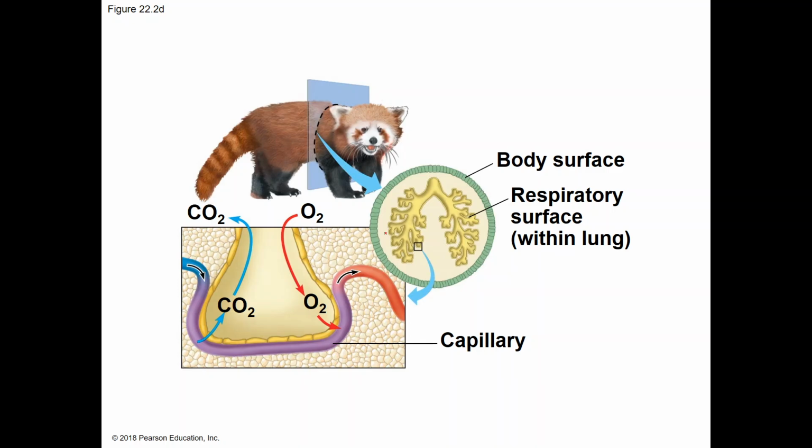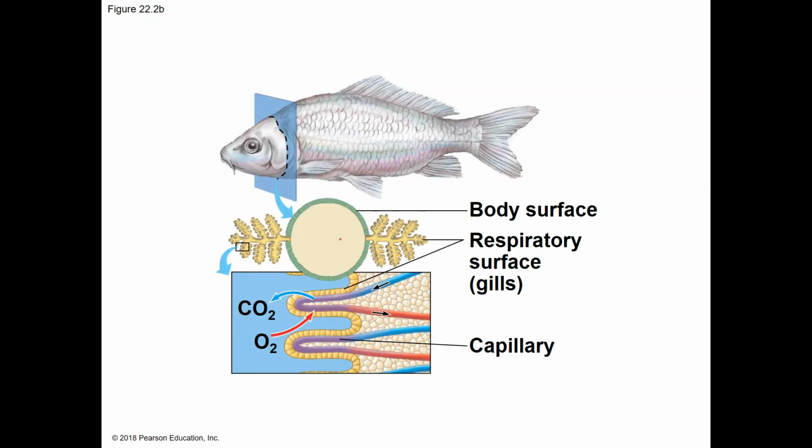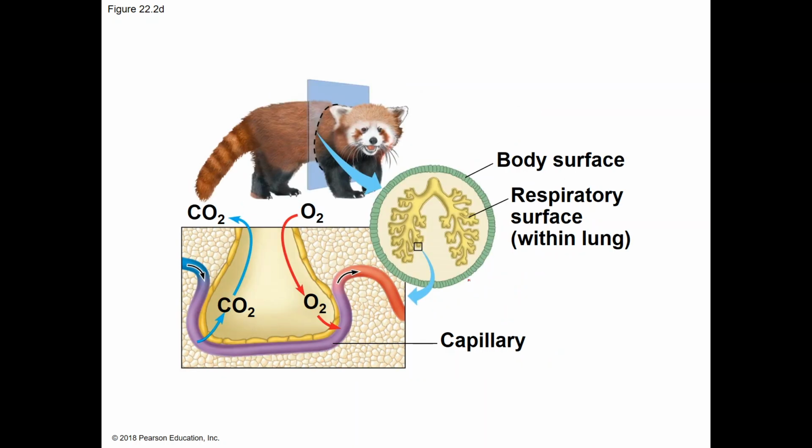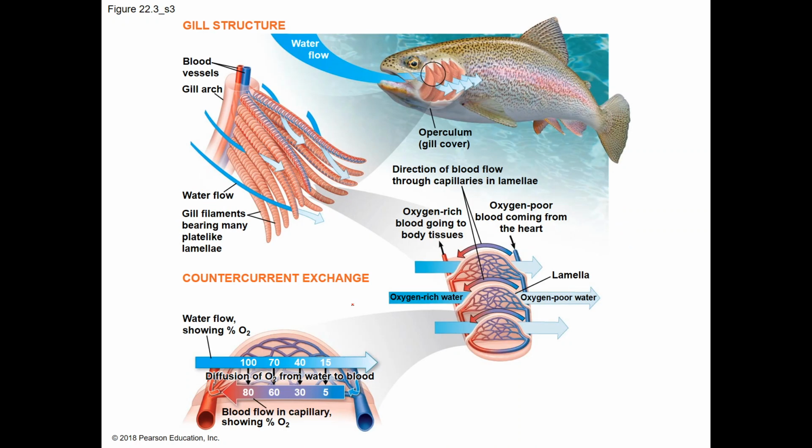And so the gills in fish and other aquatic organisms is where that oxygen exchange takes place. And then the capillaries within the lungs of lunged animals, that's where that gas exchange occurs.